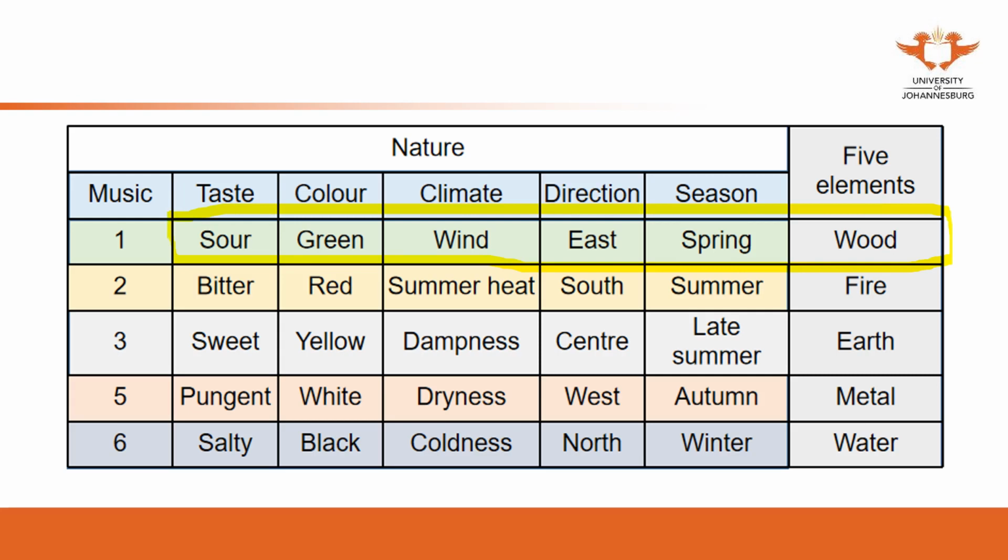The wind in spring is windy weather. The tree is green. All these have some relationship. Try to think by yourself what the relationship is. The red color and fire: what's the relationship? The fire is red.